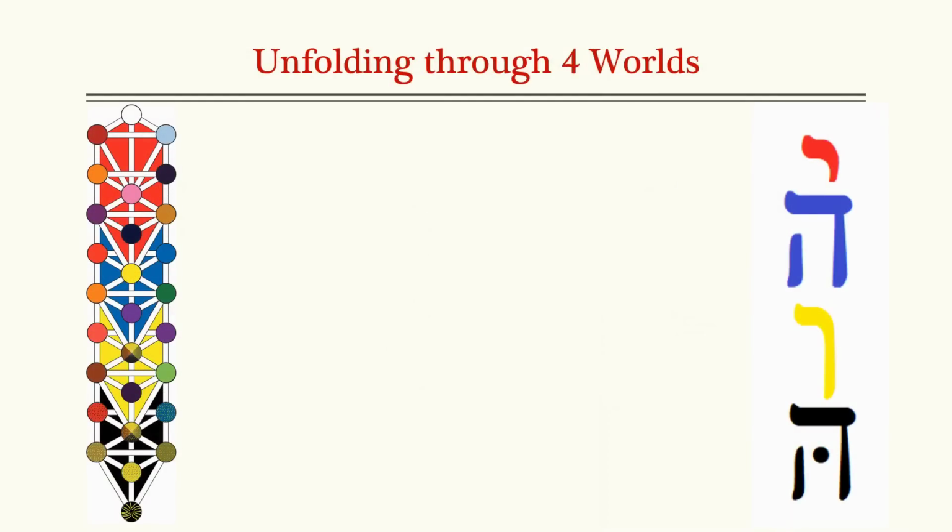You are probably also familiar with the concept of the Tree of Life unfolding through 4 worlds. I believe we touched briefly upon the 4 elements as representations of those 4 worlds.